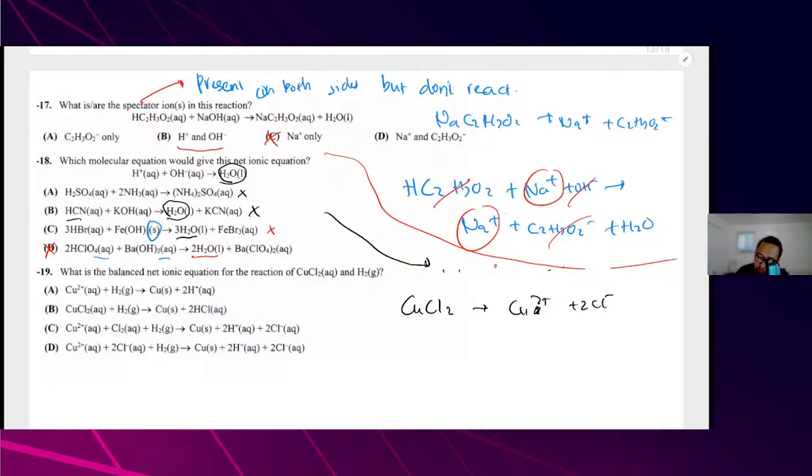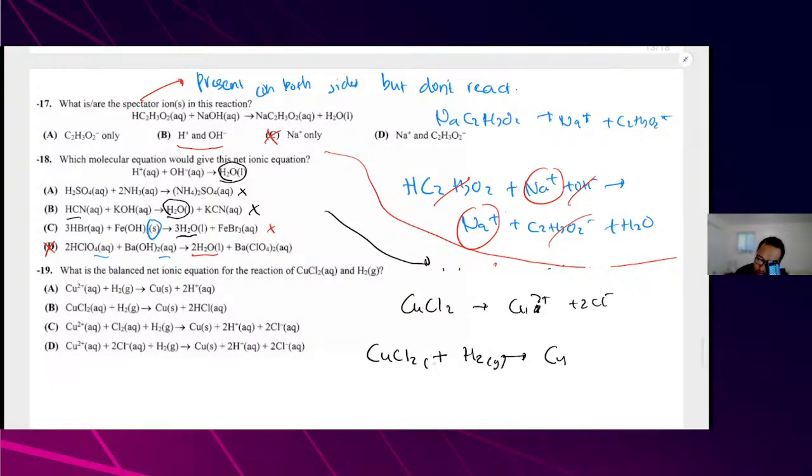Then it will react with the H2, becoming Cu. As you can see, this one is gas, this one is aqueous, right? So Cu will be produced.